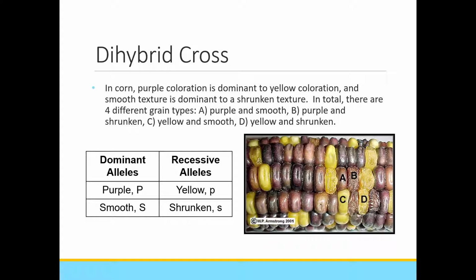trait. So let's take a look at what happens with a dihybrid cross where we have 2 parents, 2 heterozygotes that are heterozygous for these different types of alleles, the coloration and the texture alleles.